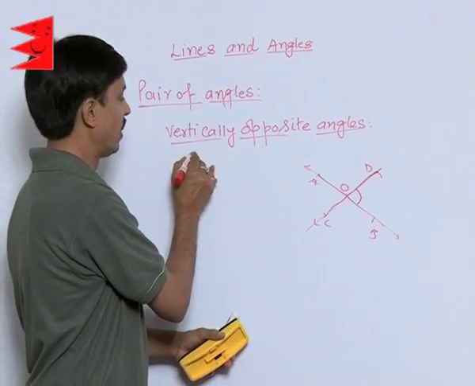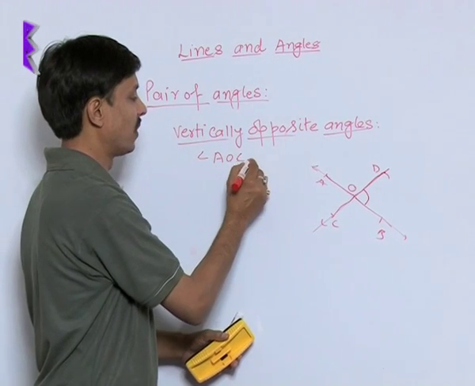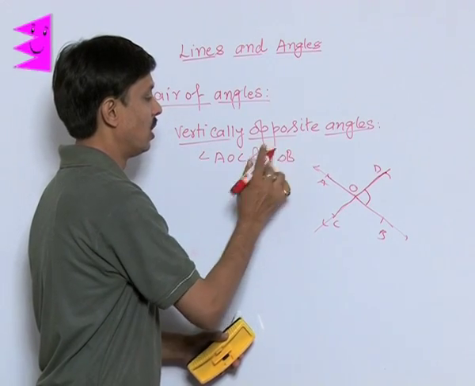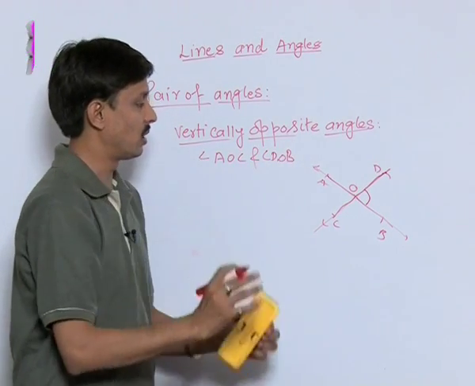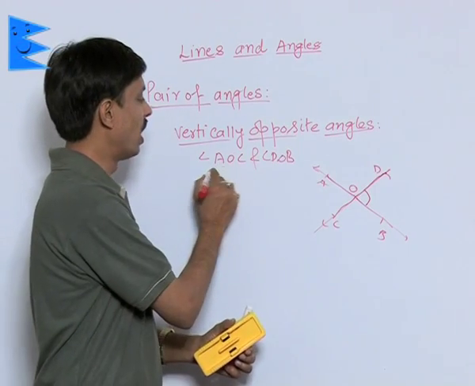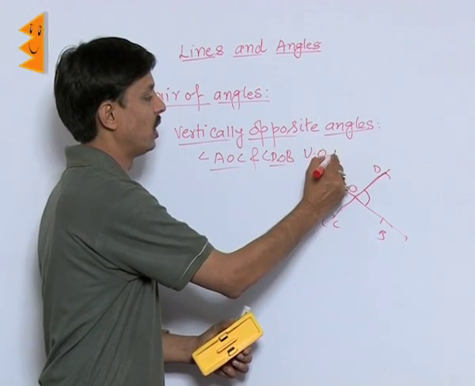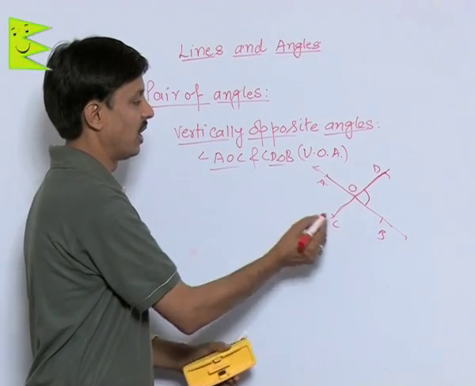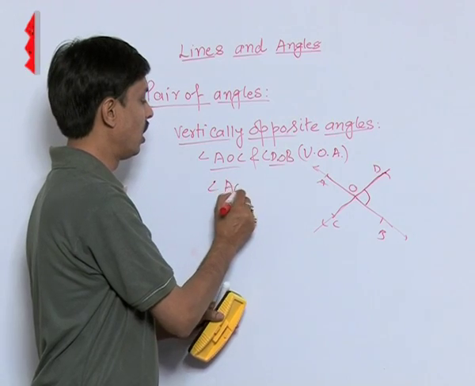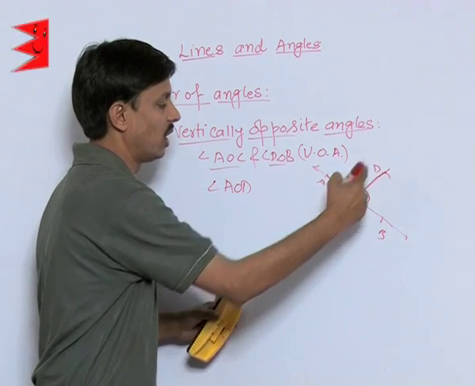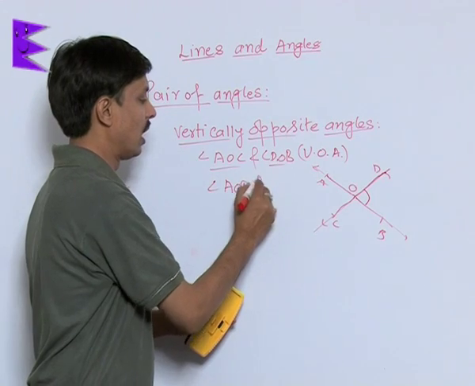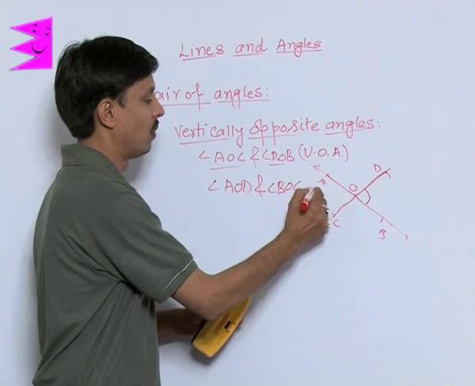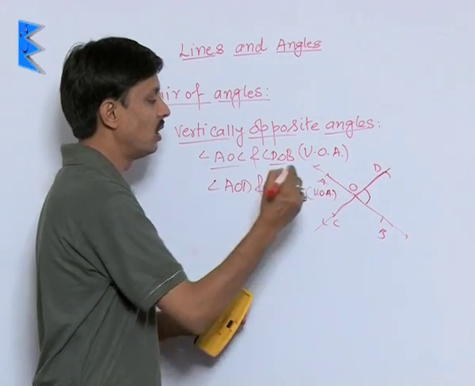So I say that angle AOC and angle DOB are the pair of vertically opposite angles, VOA in short. And another pair here is angle AOD and angle BOC. This is also a pair of vertically opposite angles.